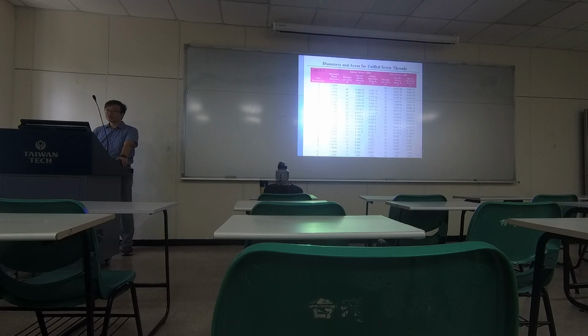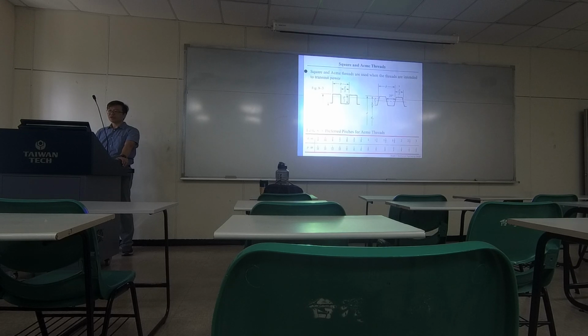Okay. So this is another series, different categories. Like this one is in inch units. Also, you can see the tensile stress area. Okay. This is another kind, like a square shaped thread, and there is a tilted slope kind.